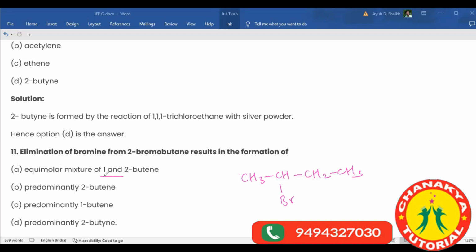Equimolar mixture of 1-butene and 2-butene, predominantly 2-butene, predominantly 1-butene. What will be formed? 1-butene, 2-butene. Think over it. And what would be the reason? Even you have to give me the reason.